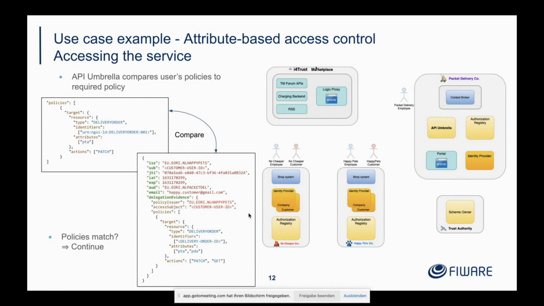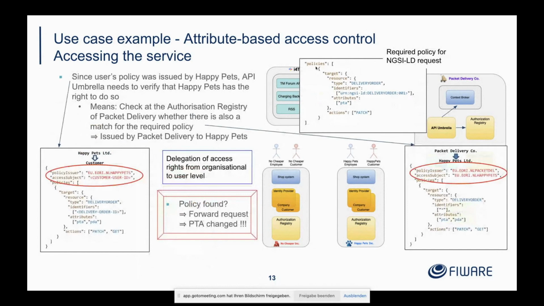But it won't allow the access yet, because what API Umbrella knows now is that the organization Happy Pets allowed this certain customer to do this. But API Umbrella does not know whether Happy Pets itself has access to the service of the packet delivery company. So in the next step, it also needs to verify at the authorization registry of the packet delivery company whether there is a similar policy, but issued by the packet delivery company to Happy Pets.